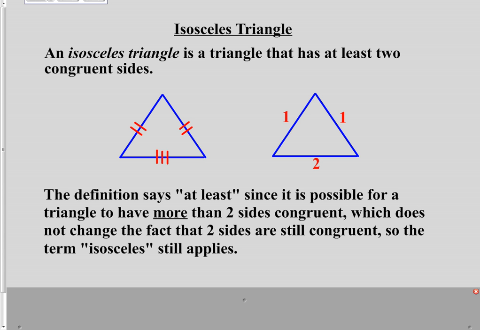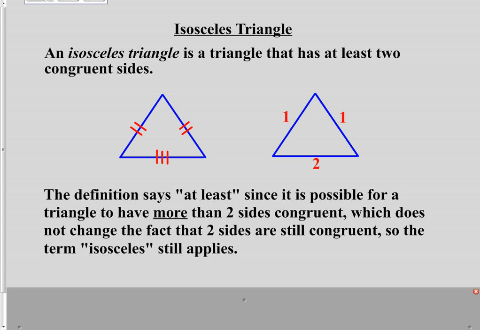Obviously it does not. But we run into a little bit of a technicality here. A triangle could have all three sides congruent, but that does not stop it from technically being isosceles. So the term isosceles still applies, and when it comes to isosceles triangles on standardized tests and the like, the test writers like to pick on this little fact, so we need to make sure that we know it.